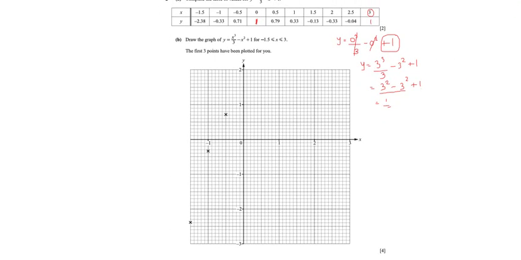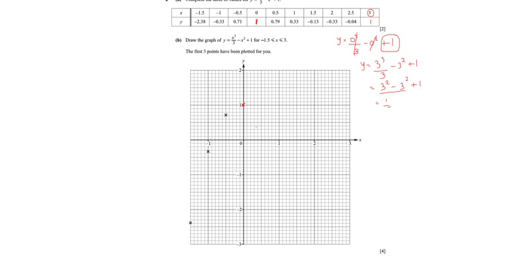Here the first point is when x is equal to minus 1.5, y is minus 2.38, and when x is minus 1, y is minus 0.33. That's plotted here. When x is minus 0.5, y is 0.01, that is also here. So let's do from 0 onwards. When x is equal to 0, it's on the y-axis. So y is 1, that's very easy for us. We just mark a point here.